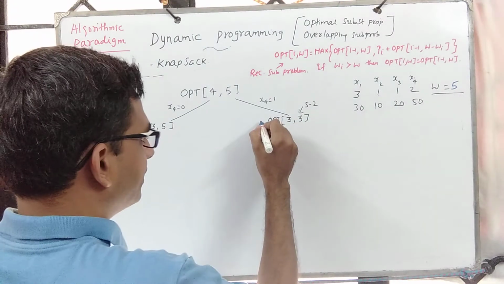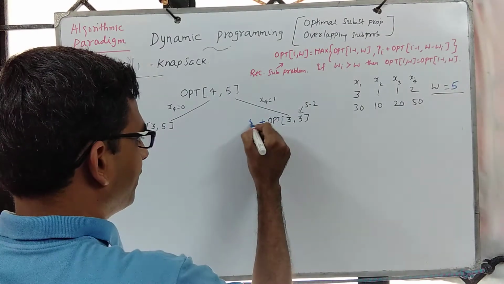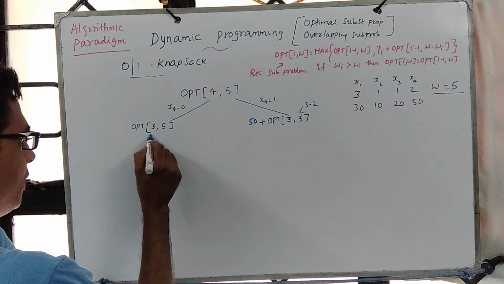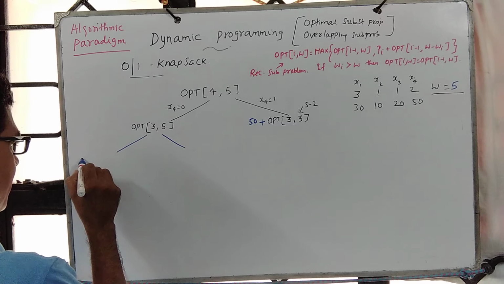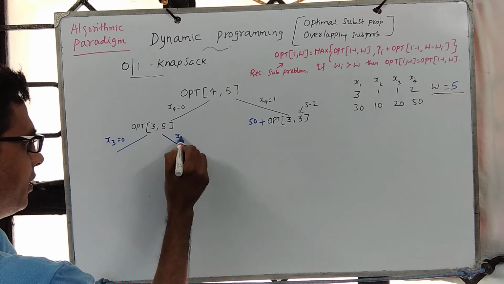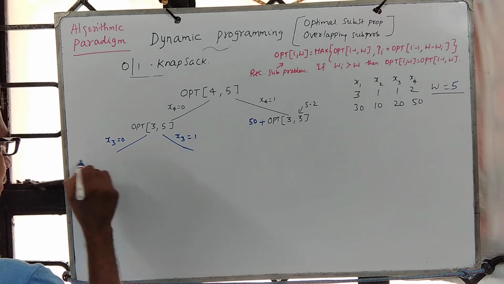If we include this, then we get some profit. That profit is given by this, so we get 50 plus this. Then we go to the next level. So at the next level, let me say x3 equals 0, which means x3 is not included. When I say x3 equals 1, x3 is included.